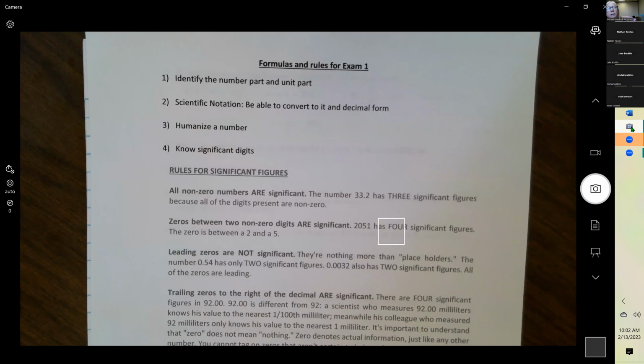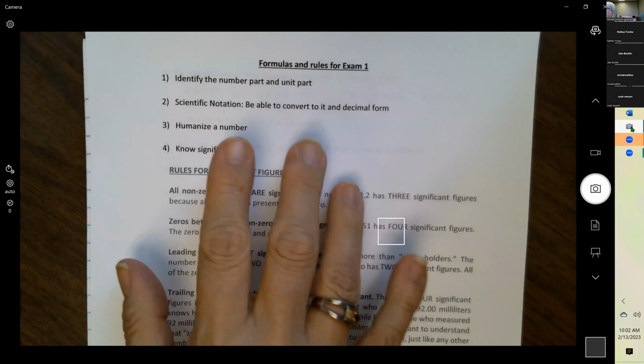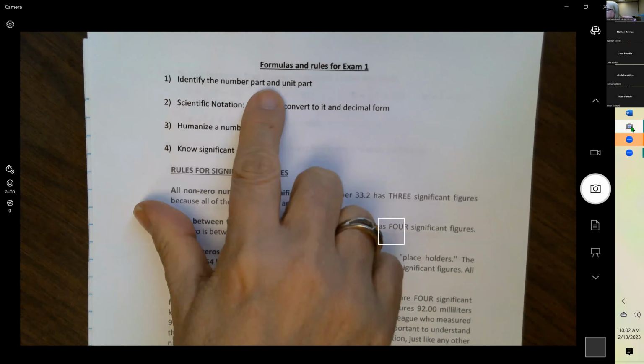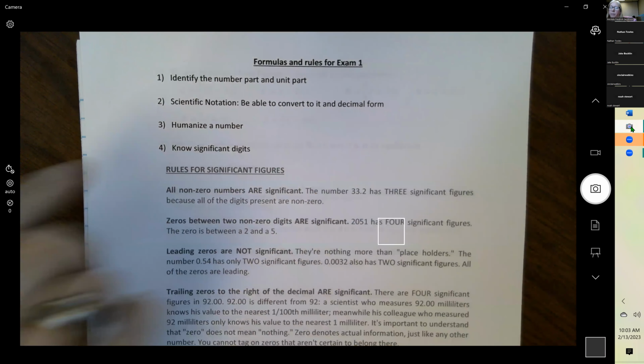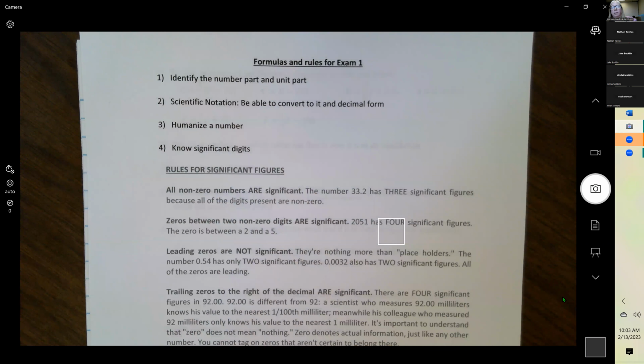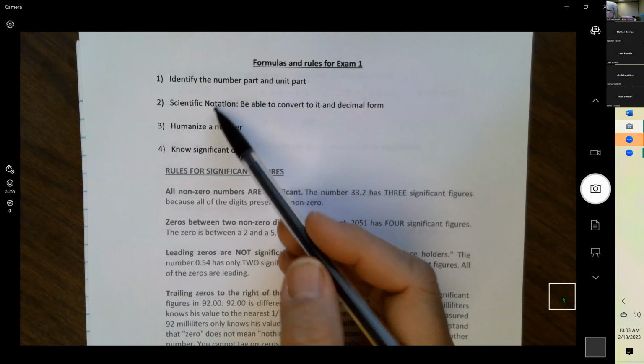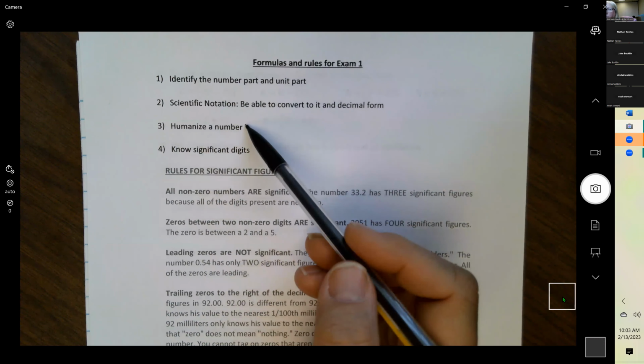Formulas for review. It's also kind of like an outline, like what you need to know. If you want to put little notes next to it that you use to remember it, you can. But I think for the most part, these 3 students are pretty good with that.